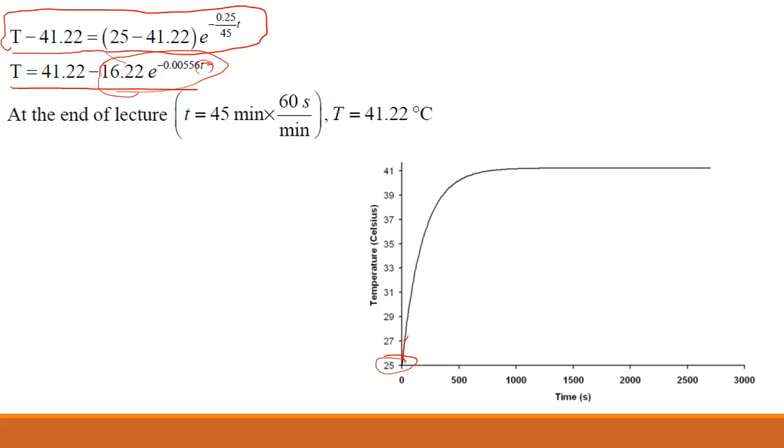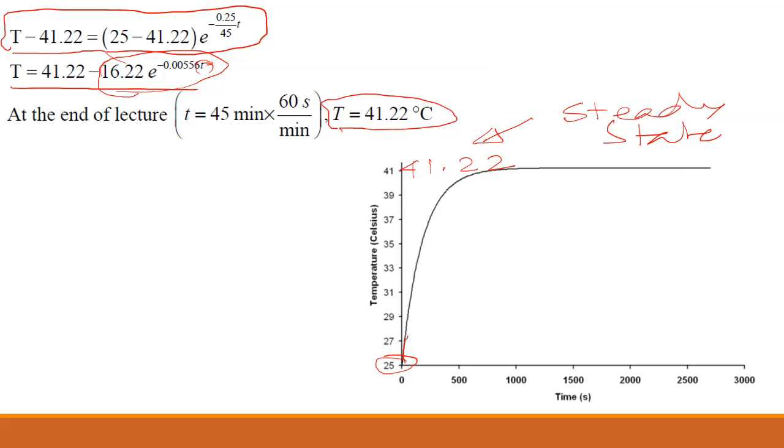So T will become 41.22. So that is my steady state temperature. So at the end of the lecture, we would reach a temperature of 41.22.